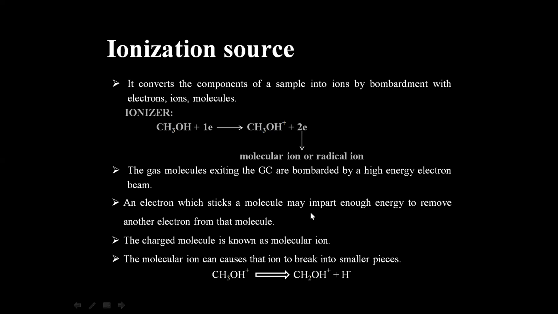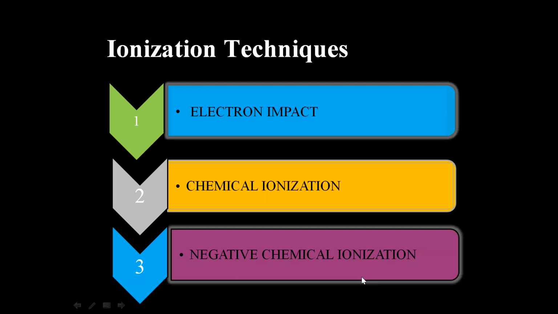An electron which strikes a molecule may impart enough energy to remove another electron from that molecule. The charged molecule is known as the molecular ion. The molecular ion can break into smaller pieces. CH3OH positive ion produces CH2OH positive ion with emission of a hydrogen.